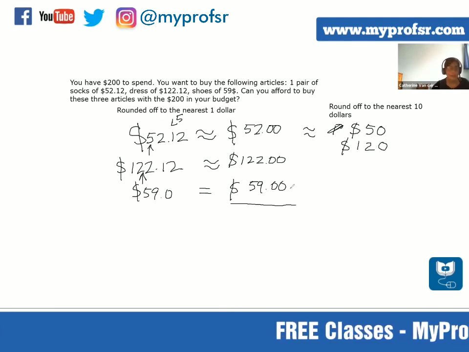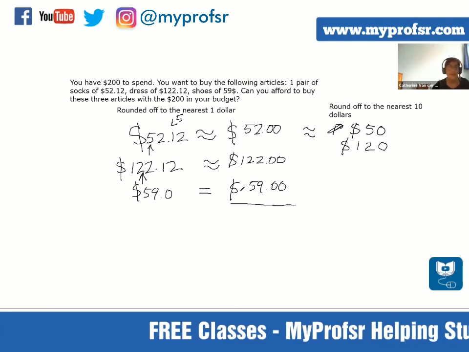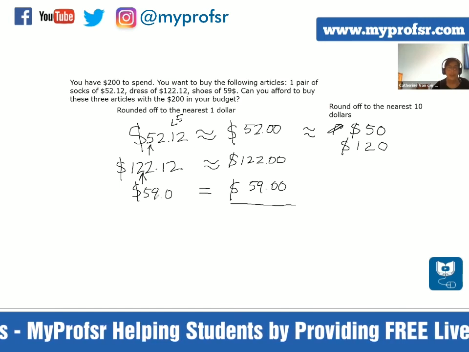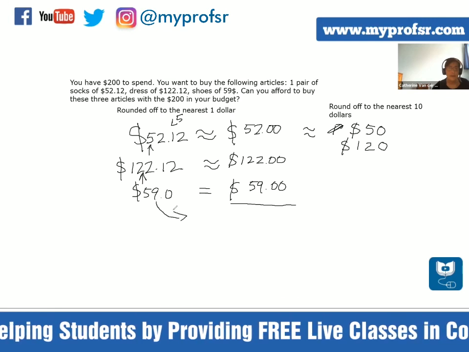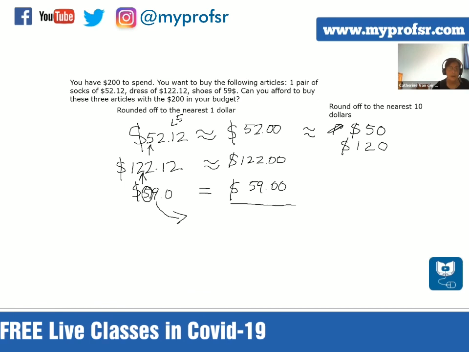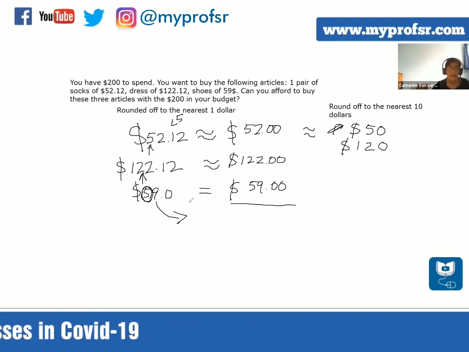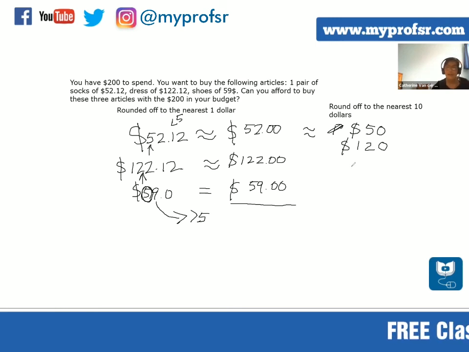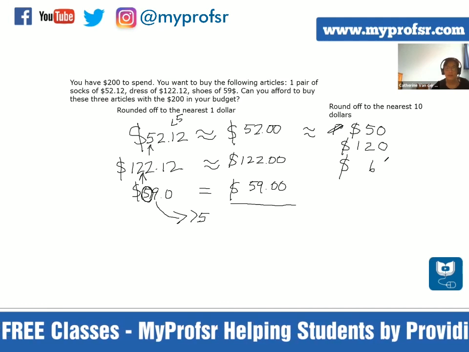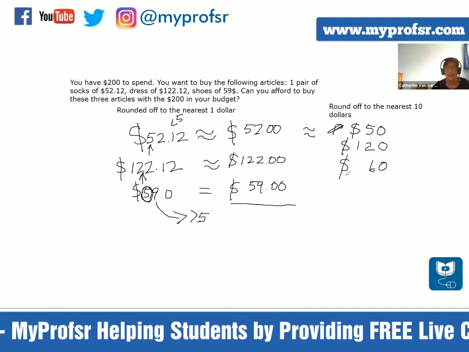And the last one, we're going to look towards the 9 to see if the 5 has to increase by 1. We can see that the 9 is bigger than 5, and that is then going to become $60, exactly like you have it.